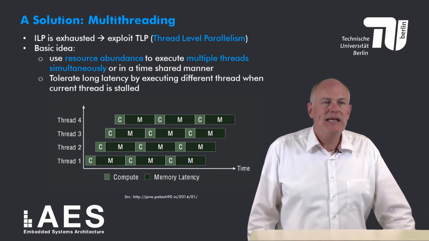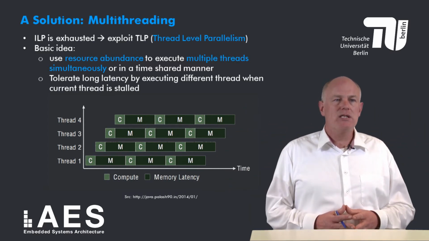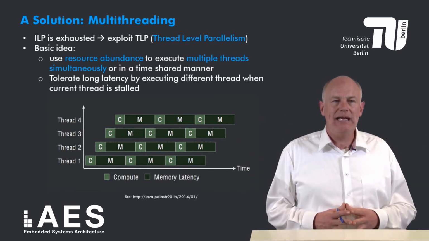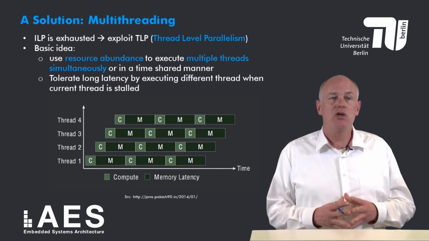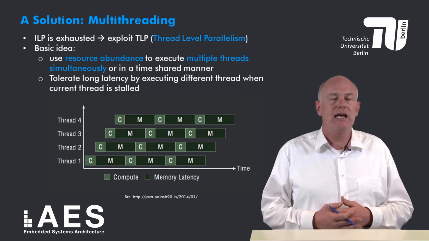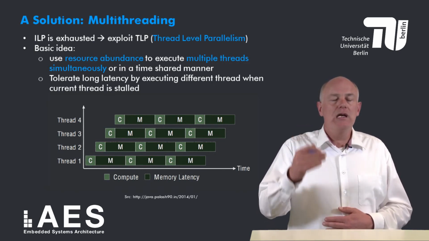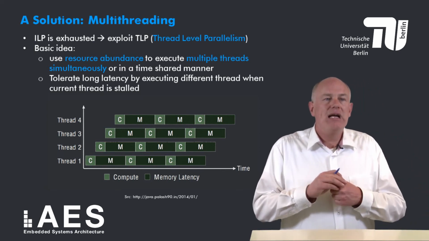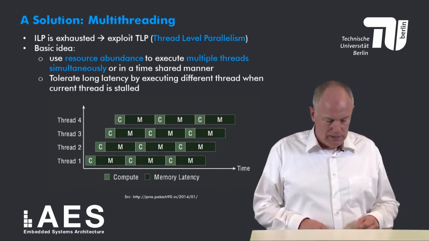The basic idea is to use the abundance of resources that we have to be able to execute many instructions, to keep many instructions in flight, to try to execute them in parallel, to execute multiple threads simultaneously or in a time-shared manner. And we would like to tolerate the long memory latency by executing a different thread each time the current thread is blocked.